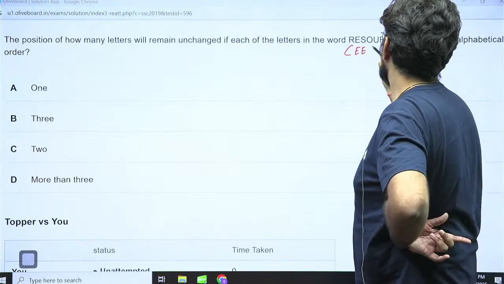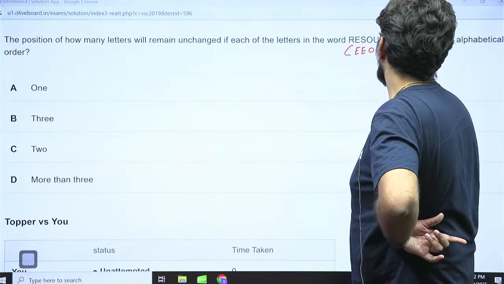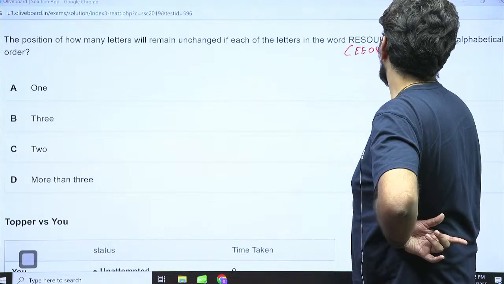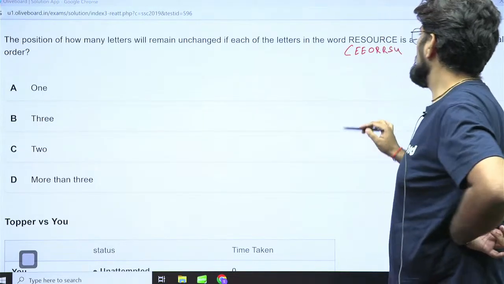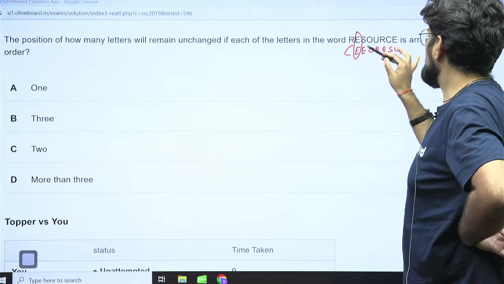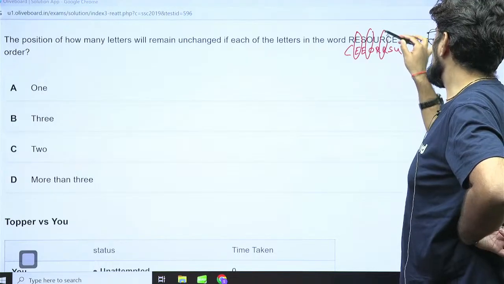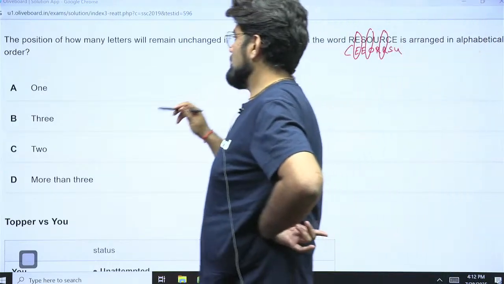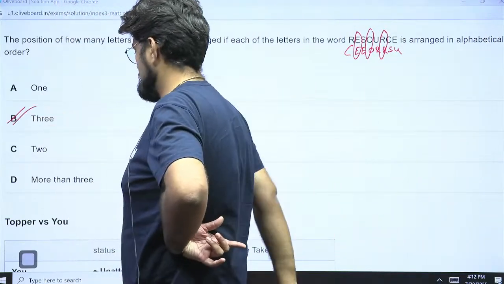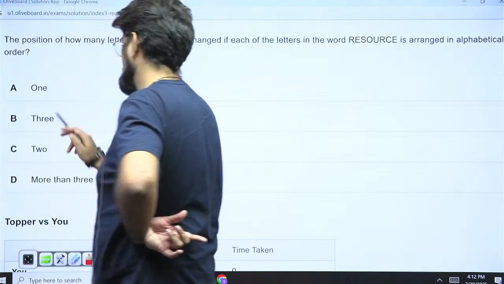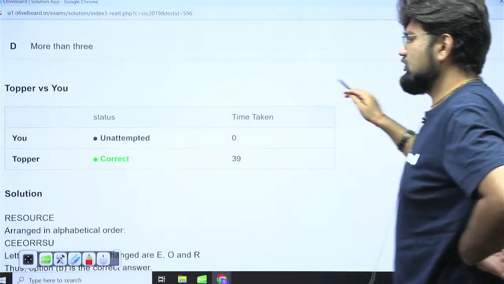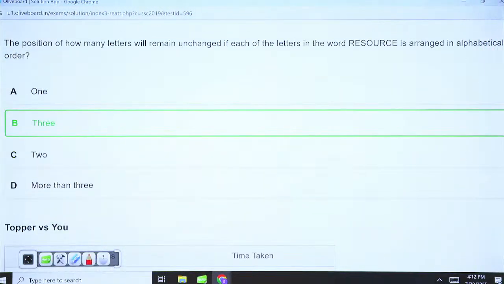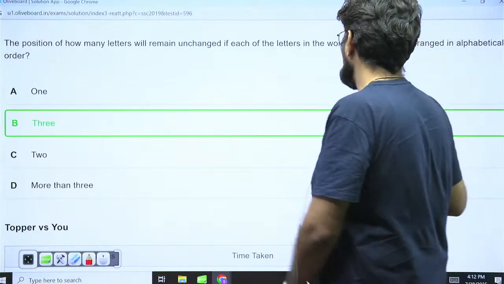Then we have O, R, R, S, U. Okay, so we can see 1, 2, 3, 3. Option B is the correct answer. Not difficult. 39 seconds, pretty good, very nice. Arrangement can be faster.